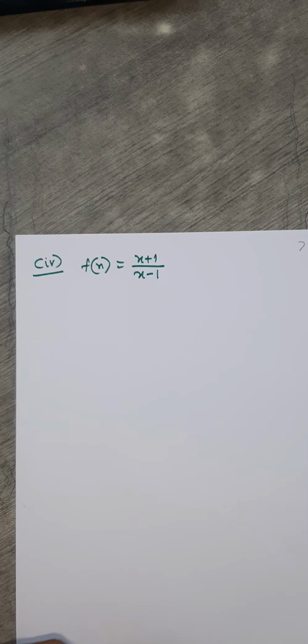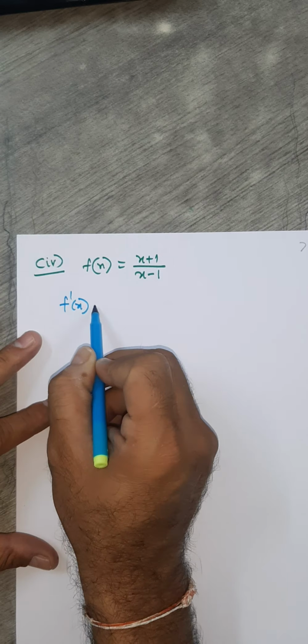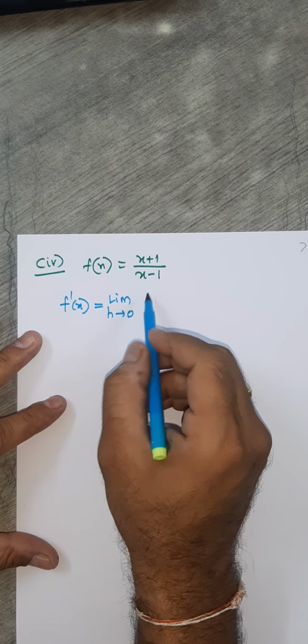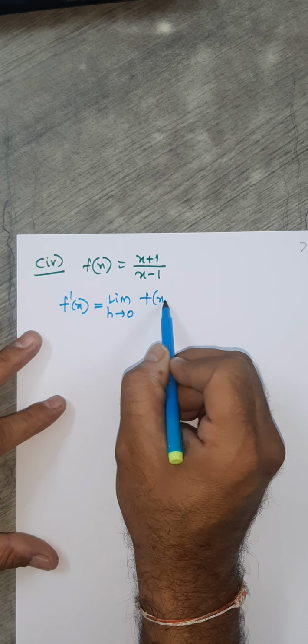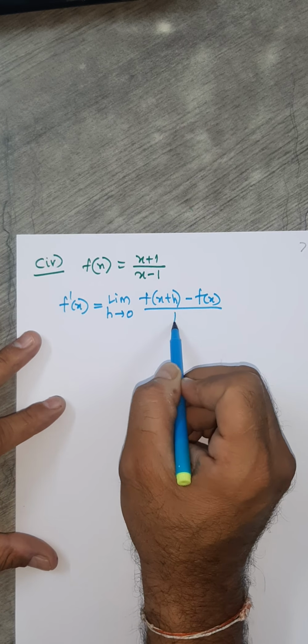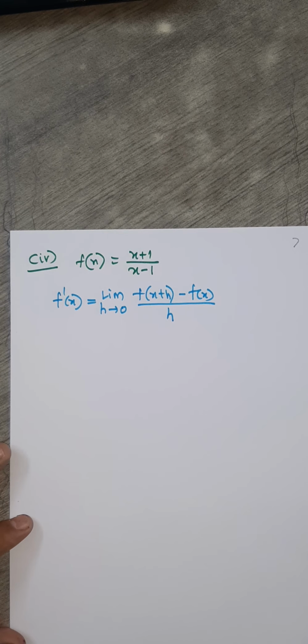You can do it directly also by division rule, but we don't want to do it that way. Here we are asked by first principle. Okay, so here f dash x equals limit h tends to 0 f of x plus h minus f(x) upon h. This is the definition. That's what we are using everywhere.